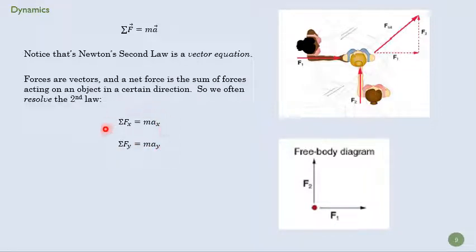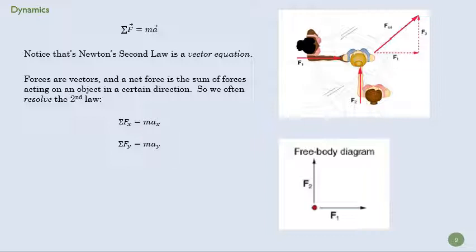This is really useful, right? Again, we've made these two independent equations, just like we did with projectile motion. And that means I can solve this one without having to solve this one and vice versa. Although sometimes we may want to solve them together. They can be dealt with separately from each other.